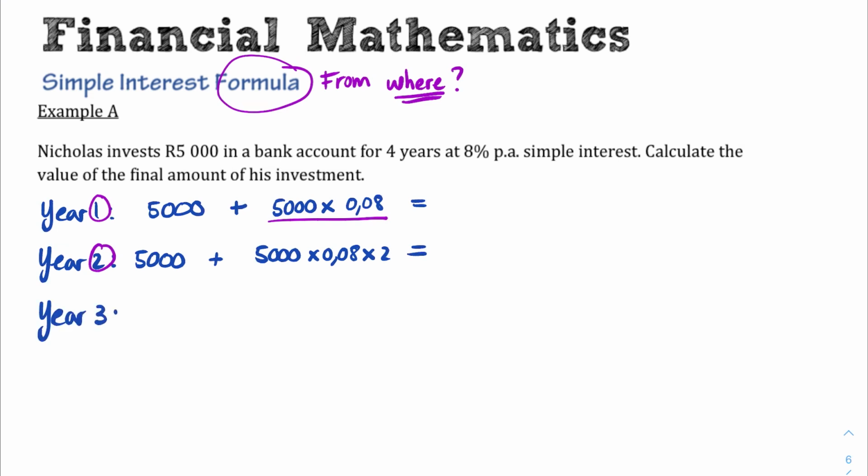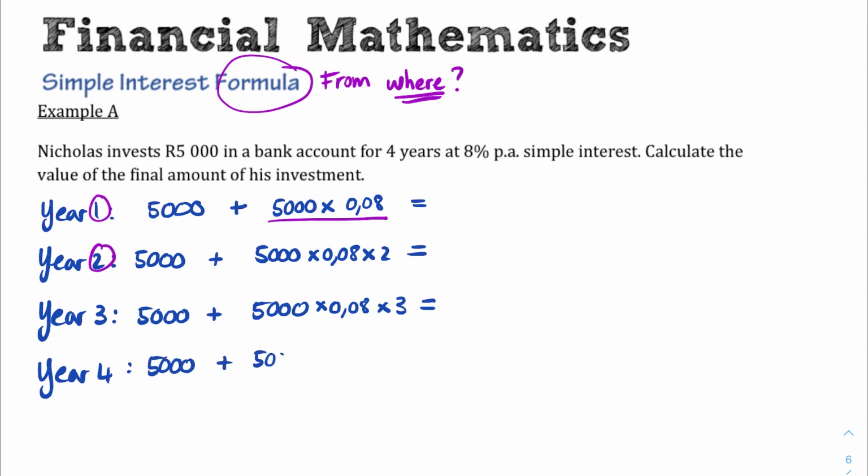In the third year, we start off with 5,000 Rand, and now we're going to have 3 lots of that interest. And then finally, in the fourth year, his original amount of money, 5,000, and he has 4 lots of interest.